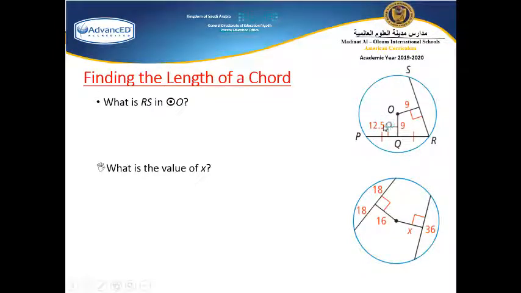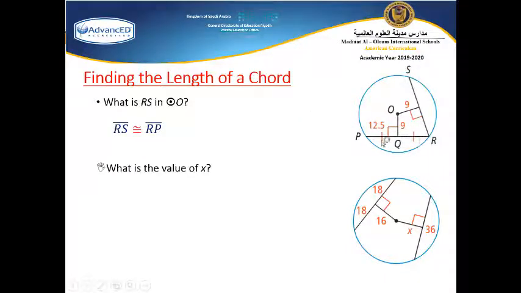Let's solve this question. What is RS? According to the given, this length is the same, so both chords are equidistant from the center. This distance is 9 and the other distance is 9, so the chords are congruent, chord PR congruent to chord RS.